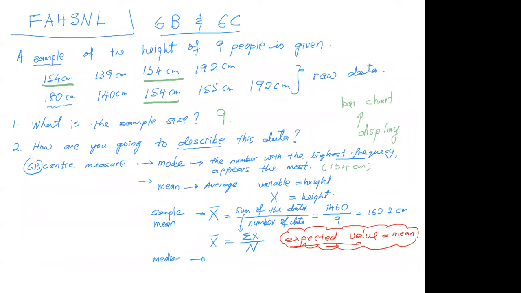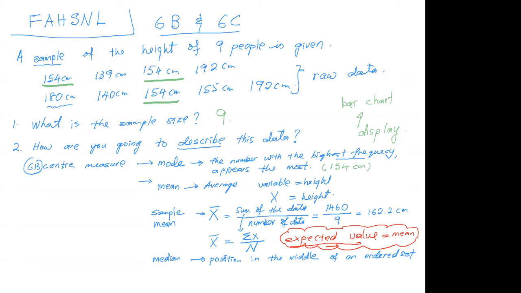So we say median is the position in the middle of an ordered set. That means you have to arrange it from the smallest to the biggest or from the biggest to the smallest.